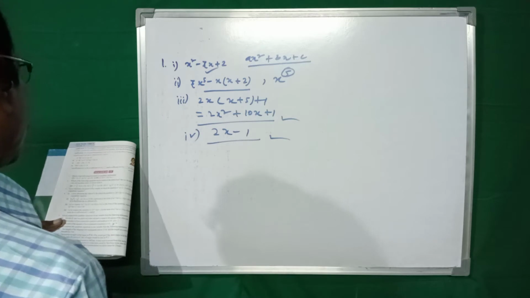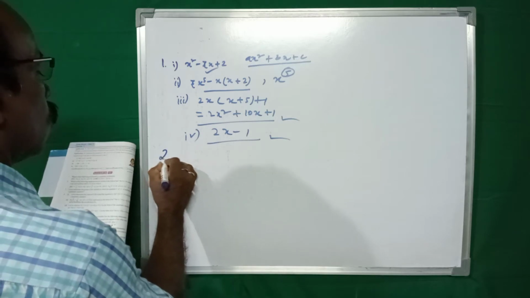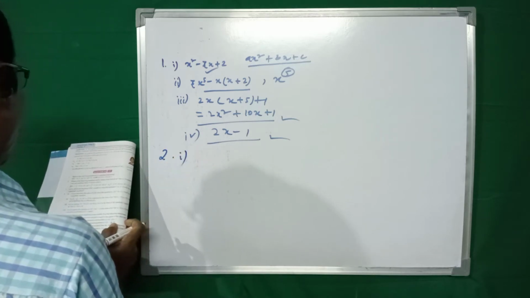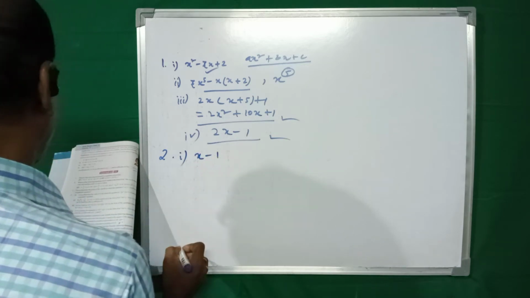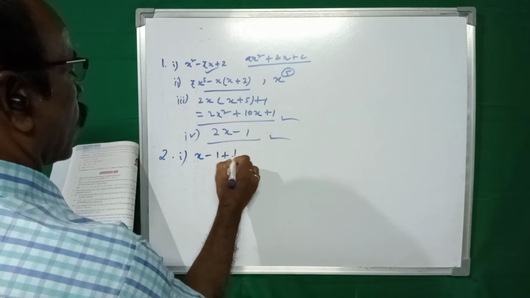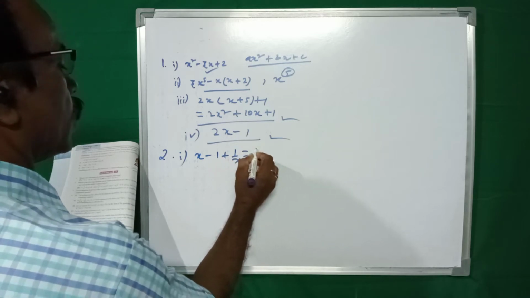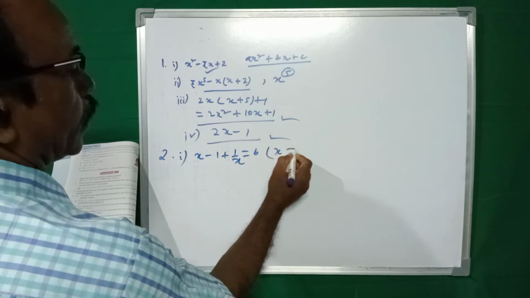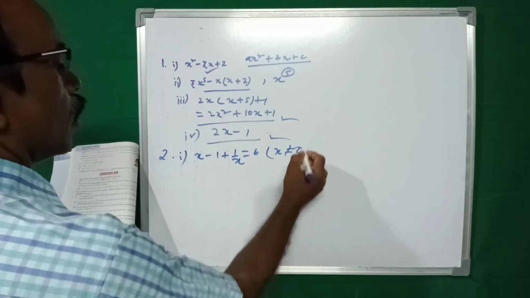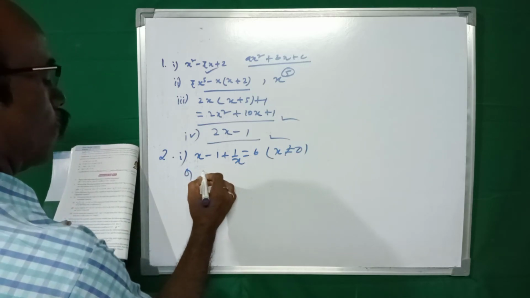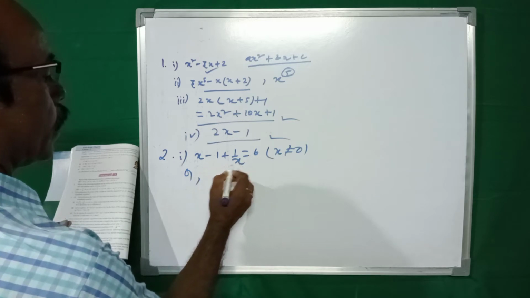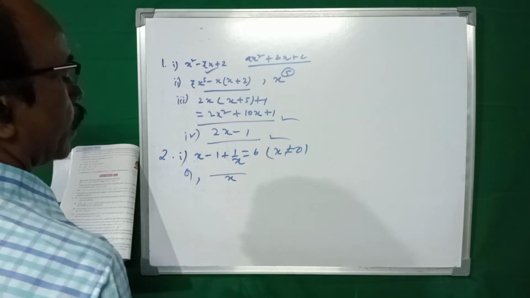Let us write it in 2, 1. x minus 1 plus 1 by x is equal to 6, as x is not equal to 0. Now we take x as the LCM.